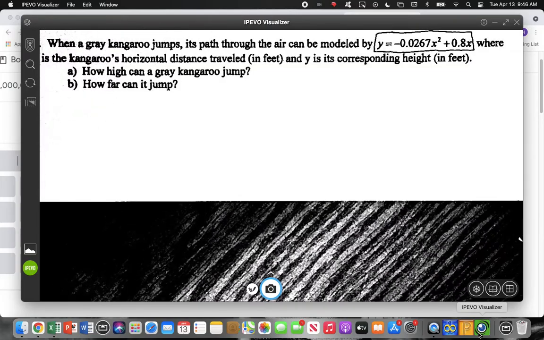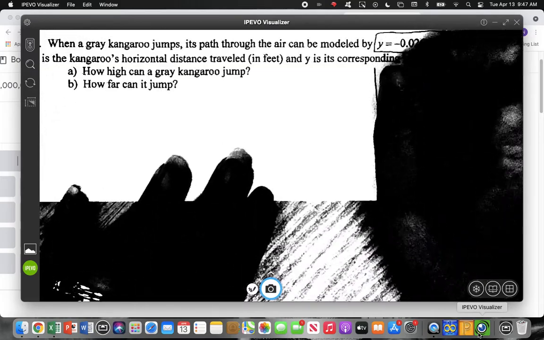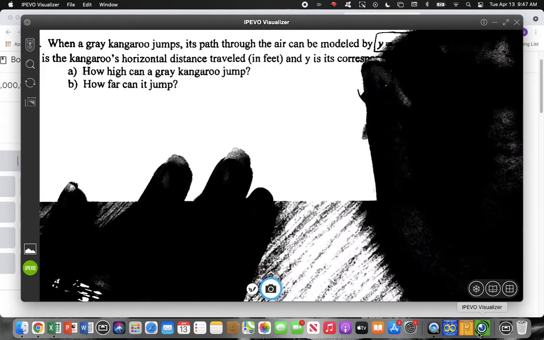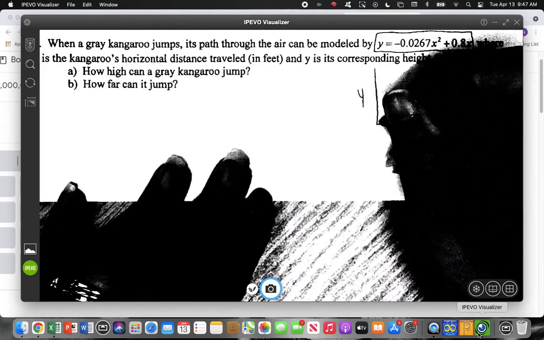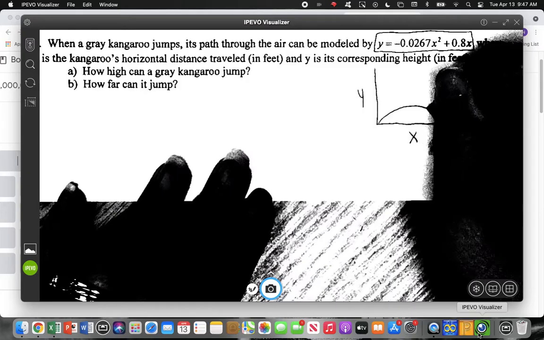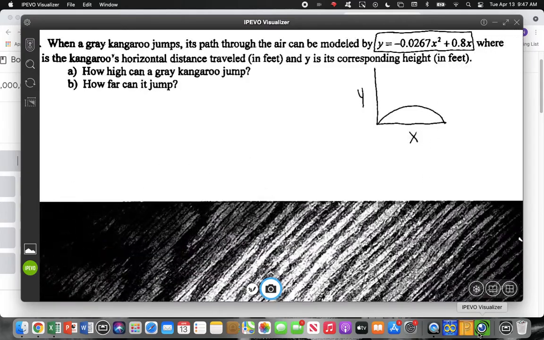On this one, it first wants to know how high a kangaroo can jump and how far a kangaroo can jump. Think about it like x's and y's on a graph, a kangaroo is going to jump like this, right? For part A, how high can a kangaroo jump? Are we going to do the vertex or the quadratic formula here?